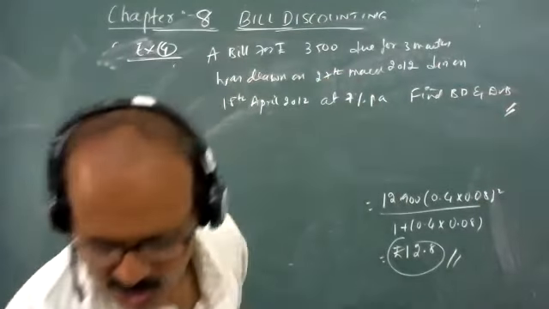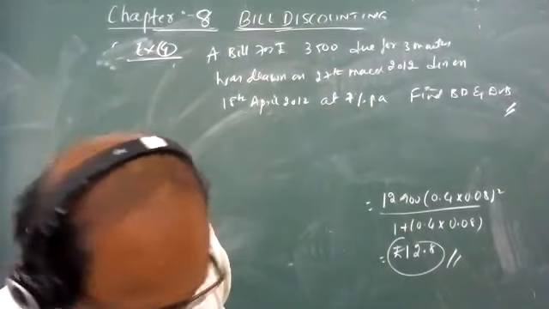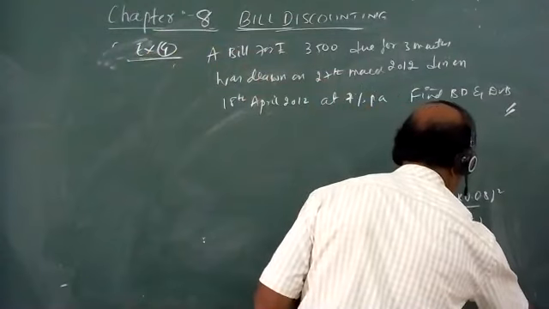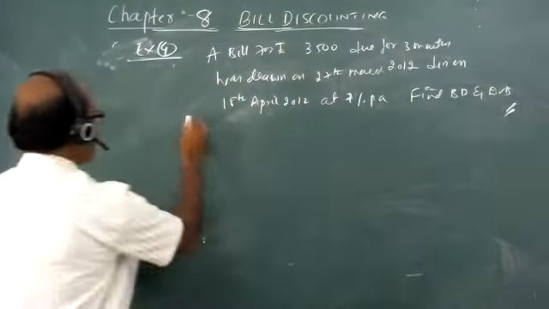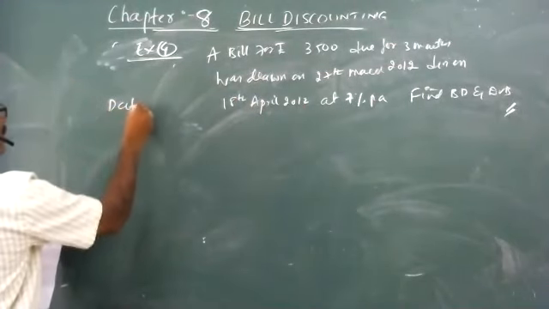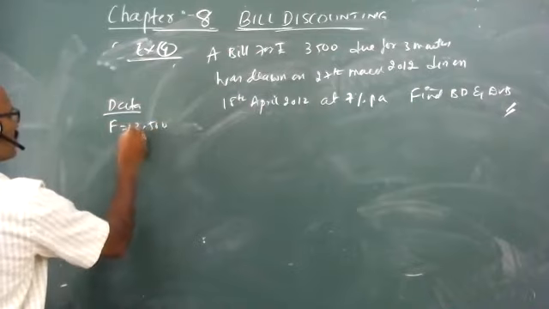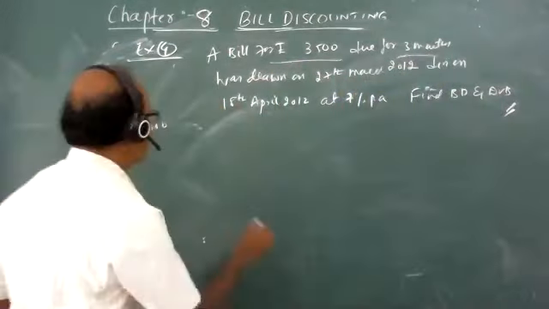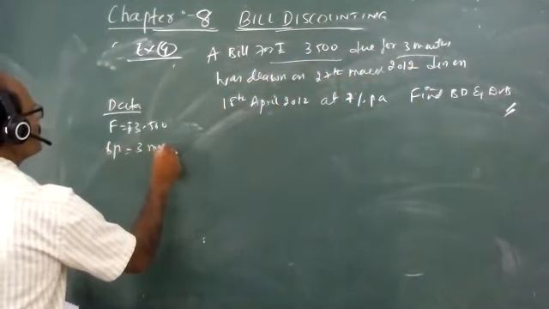Okay, in this question, first of all, take the data. What is the data given here? Face value given 3,500. Again, this is the bill period: the bill period is equal to 3 months.